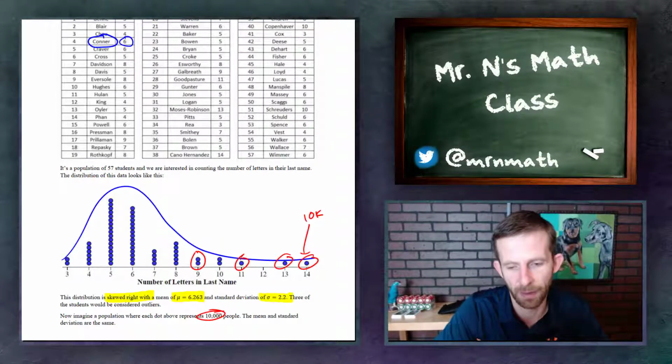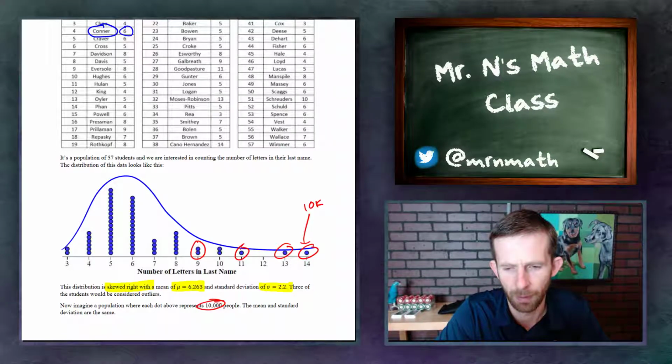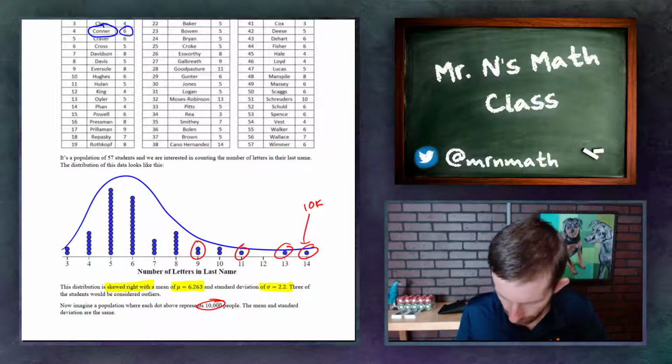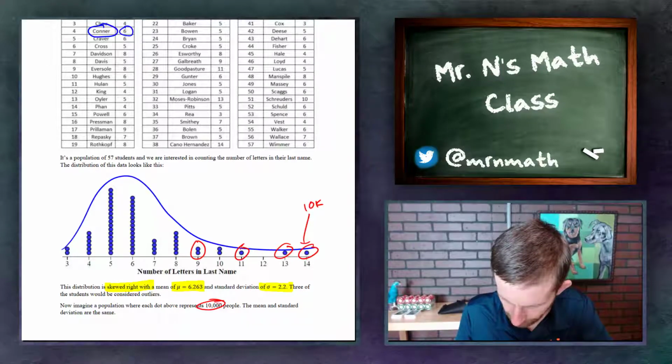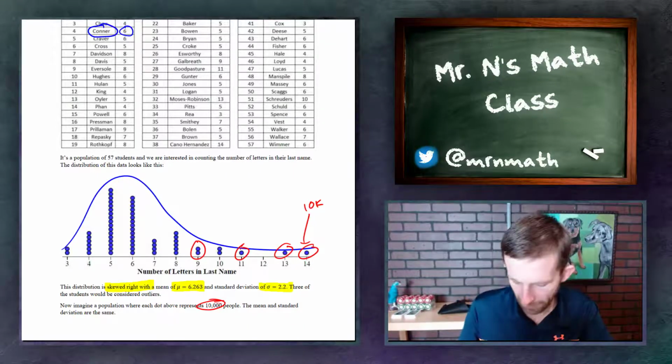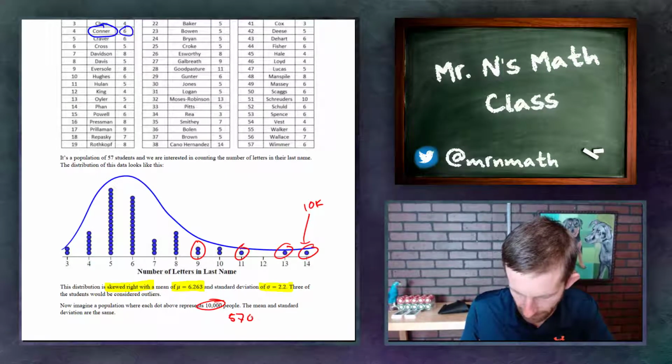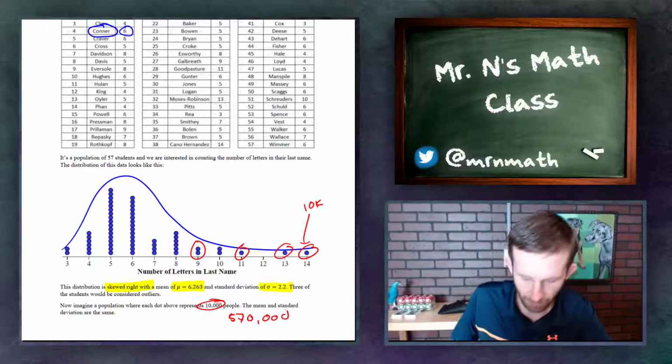It's not 57,000, it's 570,000 people. So a little bit more than 500,000 people.